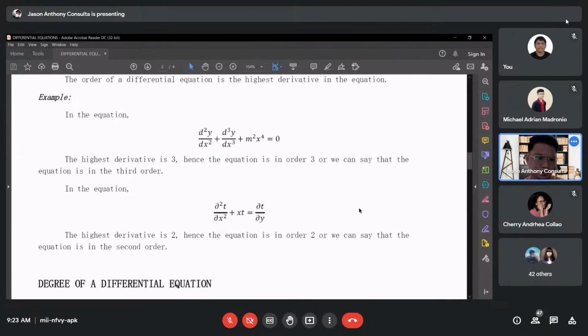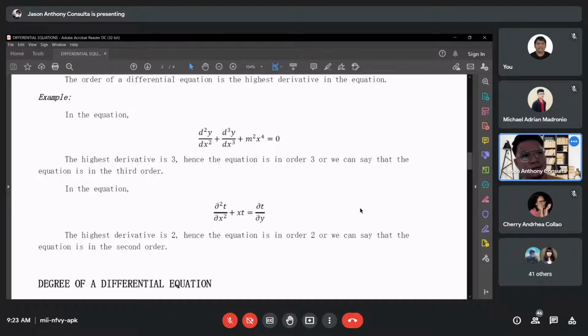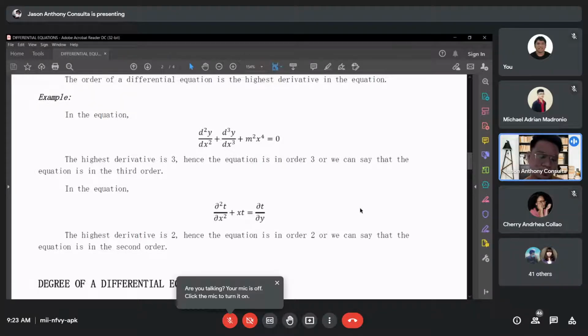Okay? So, eto, isa pang laging lumalabas na mga tanong sa board exam, the degree of a differential equation. Sa DE, marami na yung limang problems na lumalabas sa mathematics, pero sobrang basic nila.